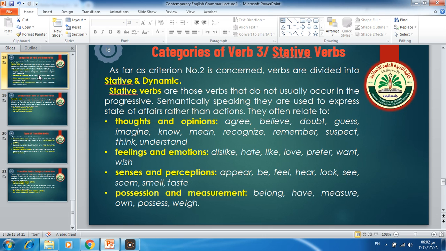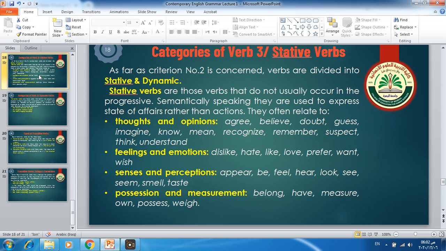So, semantically speaking, they are used to express state of affairs rather than actions. So if verbs are categorized as stative verbs, they do not show actions. They only speak about a state of affairs. So no action is involved in such verbs. They cannot tell us about activities.